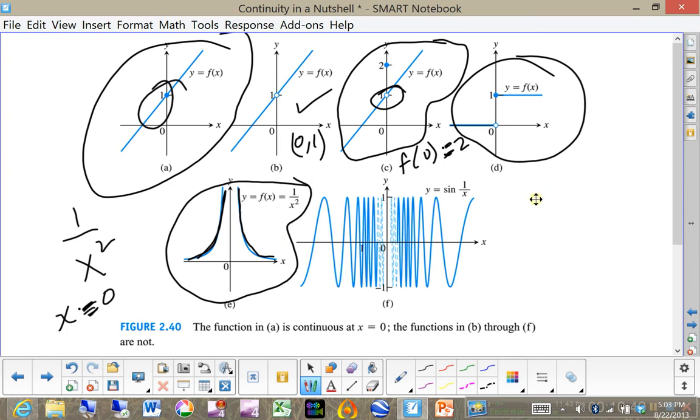And then finally, the function y equals sine of 1 over x, which we had looked at before, is not continuous at x equals 0 because as x gets closer and closer to 0, the value of sine of 1 over x oscillates between plus and minus 1 and never settles down.